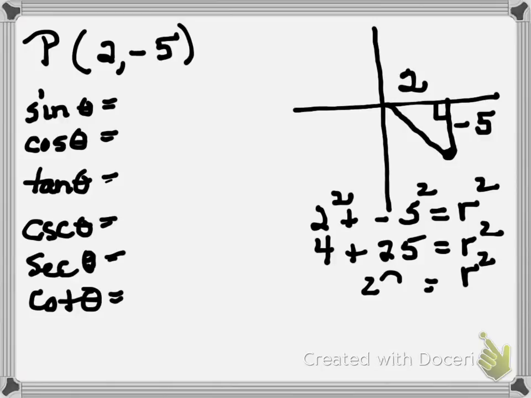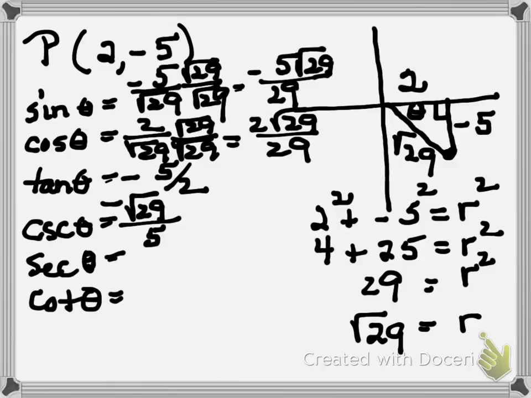R squared is 29. R equals the square root of 29. Secant is the reciprocal of cosine, so we have the square root of 29 over 2. And cotangent is the reciprocal of tangent, which is -2/5.